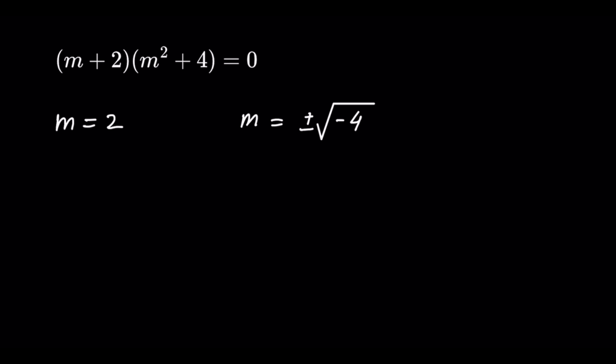So instead of writing this, I'll be taking the square root of 4 and writing plus minus 2 iota. Now you can see that we are having 3 solutions of this differential equation. m is equal to -2, which is real part, and m is equal to conjugate complex pairs. So we're going to be writing our general equation in a way that fulfills both of these conditions.